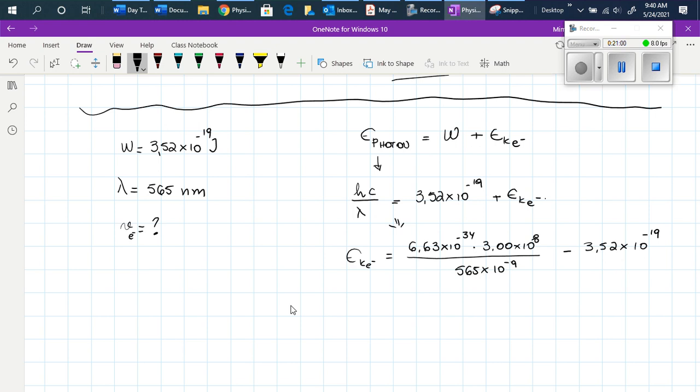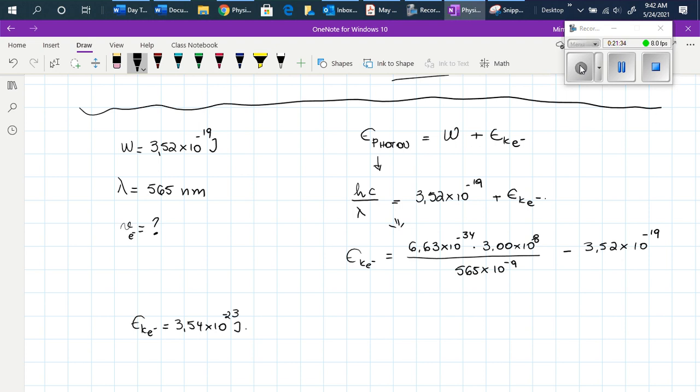If the work function was given in electron volts, then convert it into joules, because the units for kinetic energy have to be joules. Okay, let's plug this into the calculator and see what we have for the kinetic energy. For the kinetic energy of the electron, I have 3.54 times 10 to the power of negative 23 joules.